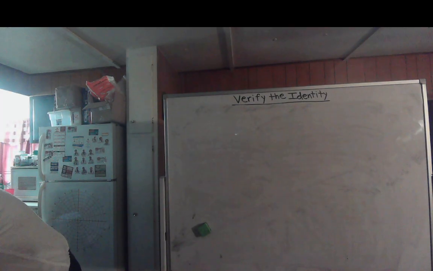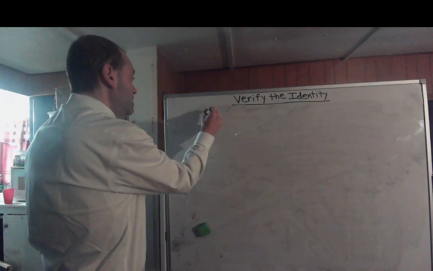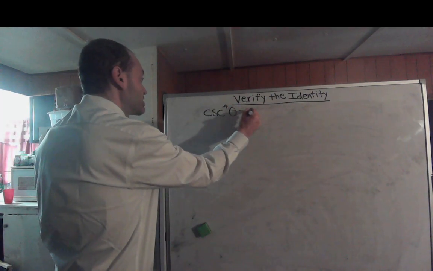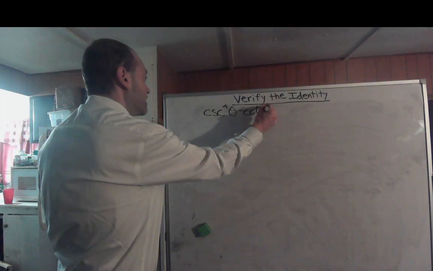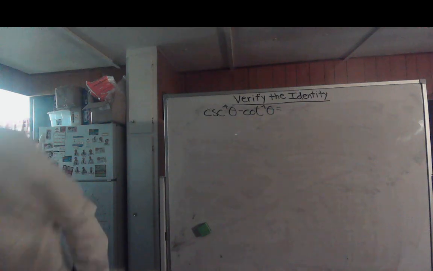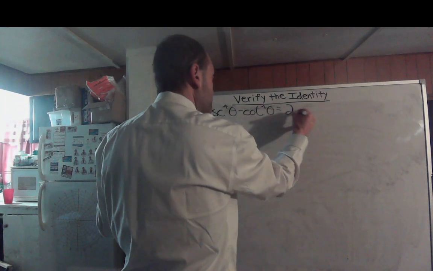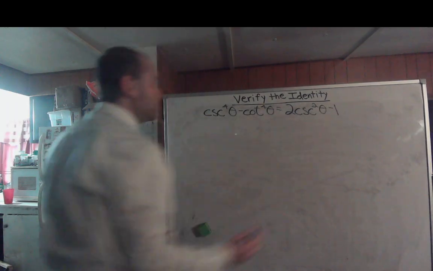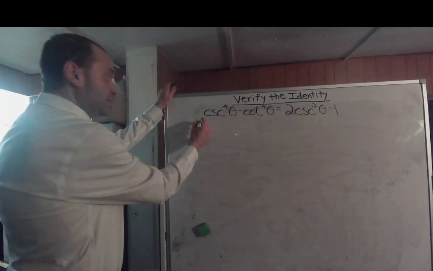Five more. Alright, so we have the cosecant 4 of theta minus cotangent 4 of theta, we're being asked to verify that it equals 2 cosecant squared of theta minus 1. So let's write out that left-hand side again.